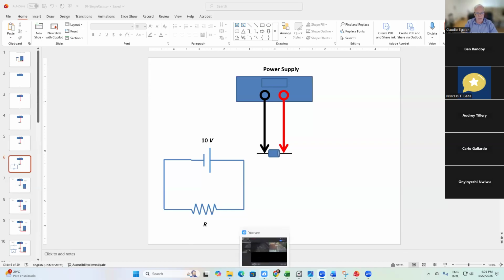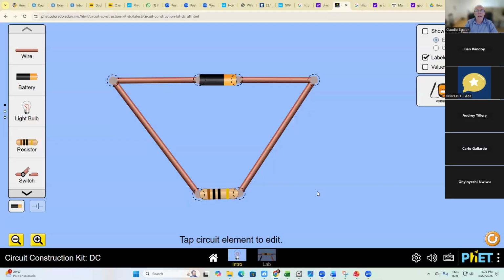And when I close the switch, the electrons flow along the circuit. The direction of motion of the electrons is counterclockwise because they are negative charges. However, the direction of the current should be clockwise because the direction of the current represents the direction of motion of the positive electric charges.